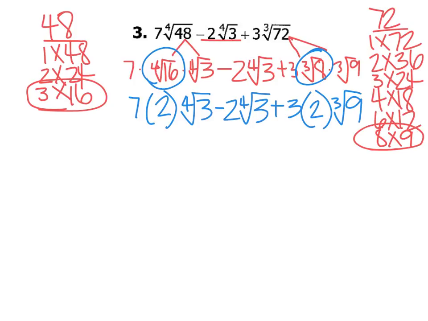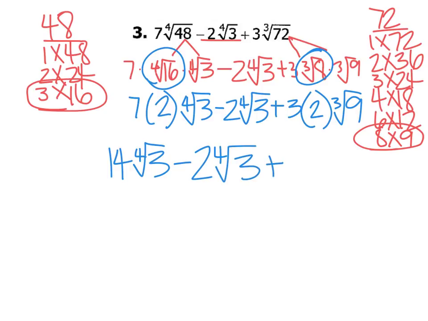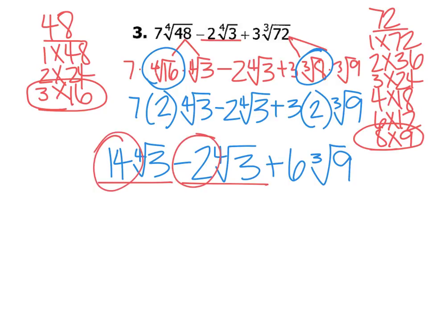Then we want to simplify even further. 7 times 2 gives us 14 times the fourth root of 3 minus 2 times the fourth root of 3 plus 3 times 2 gives us 6 times the third root of 9. Then we see that this one and this one have radicals with the same index and the same radicand, fourth root of 3, fourth root of 3, so we can combine the coefficients.